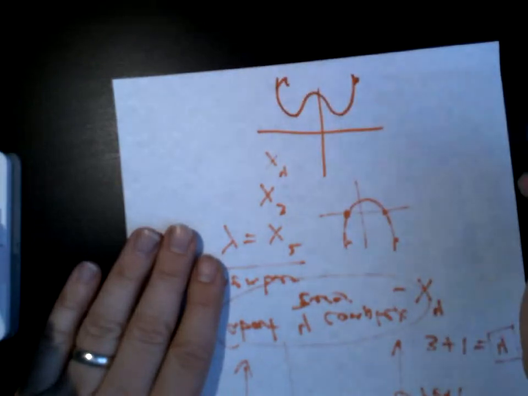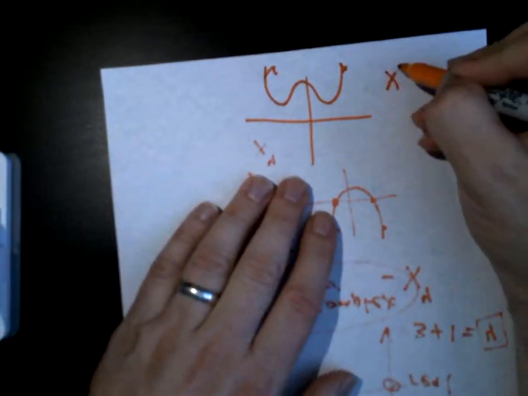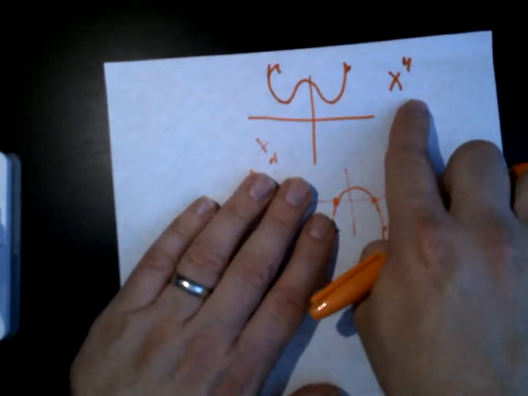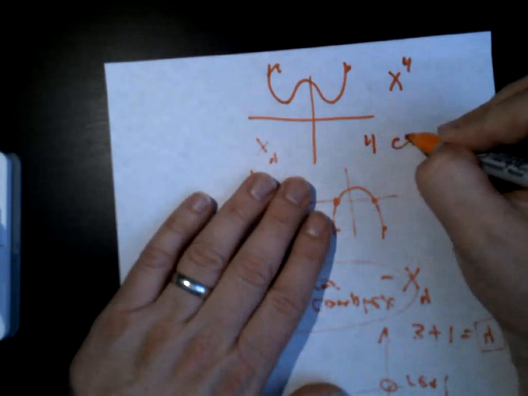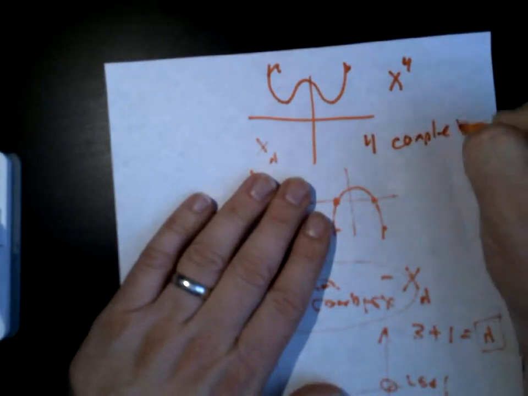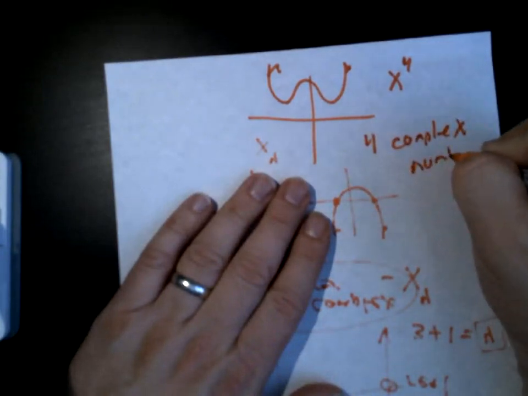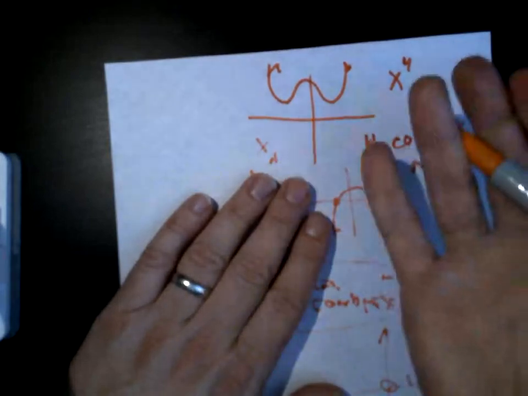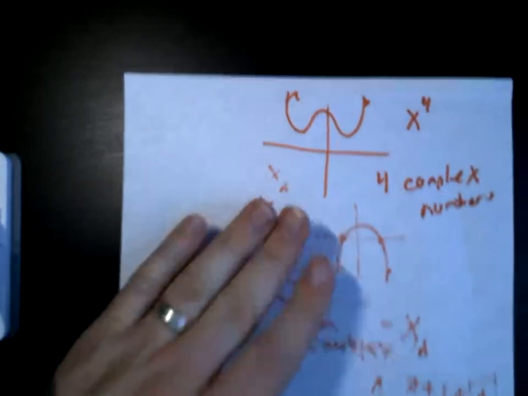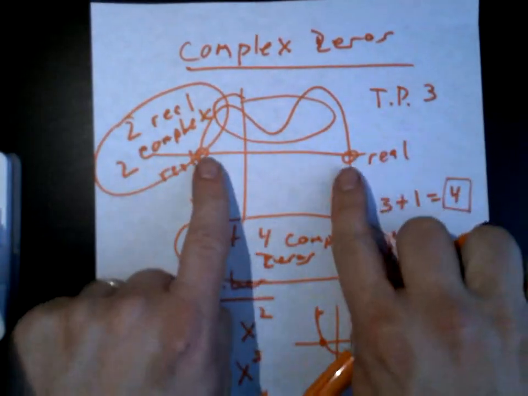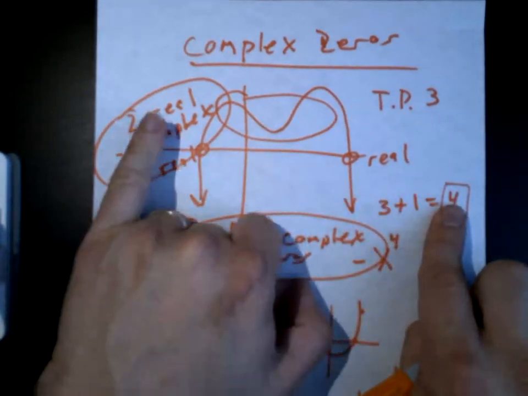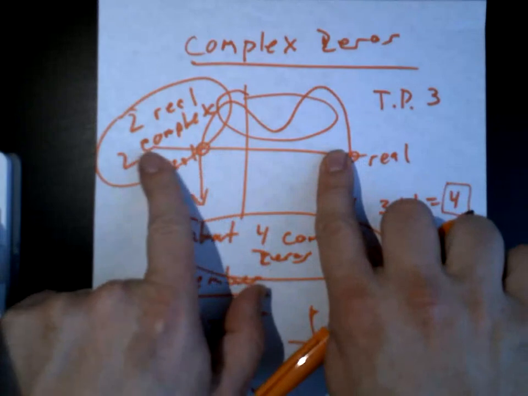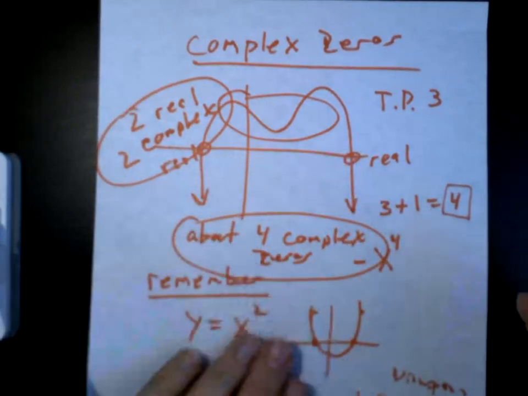And you could have a graph that looked like this. Well, you're probably thinking, hey, I know that is the degree 4, but they don't cross the x-axis. That means they have 4 complex numbers. Do you see the difference there? So this one went down, I hit twice, but I have a degree 4. So there's 2 reals, and then the rest of them are complex.